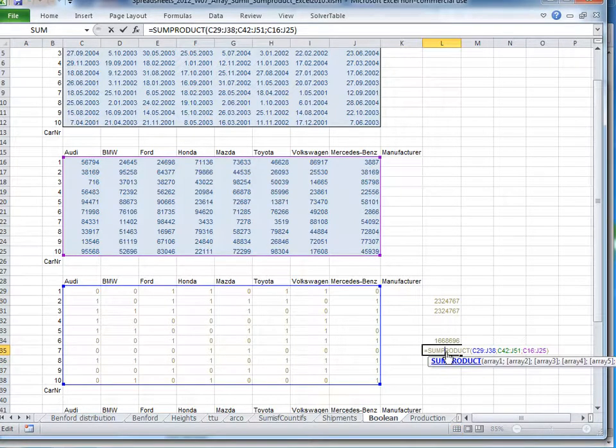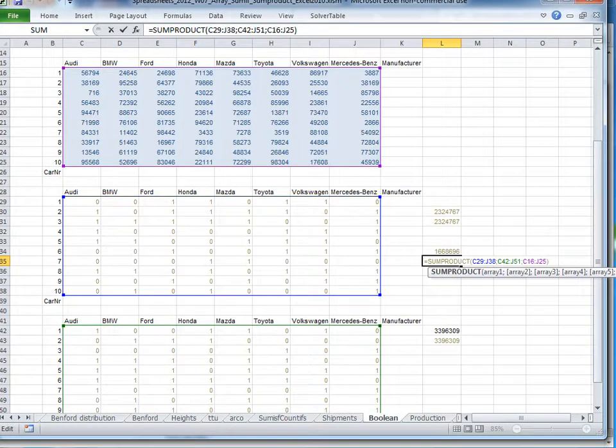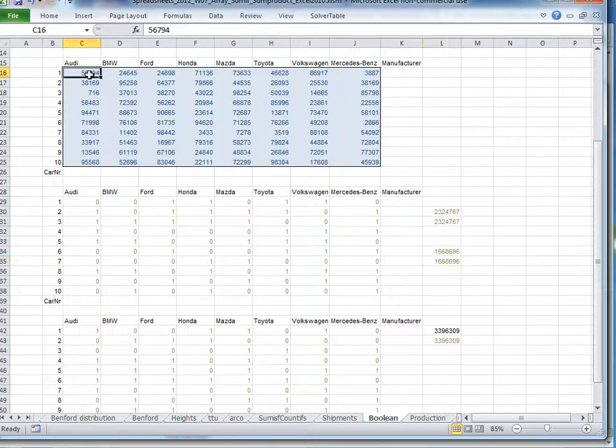But what we can see here is that we can really explicitly see how this multiplication is being done. Namely, only then will the distance be accounted for if we have 1 in the date Boolean table, and 1 in the distance Boolean table. Only then will this first Honda be counted for. If we have the first Ford, it is manufactured later, but it hasn't traveled 50,000 miles, so this one won't be accounted for.